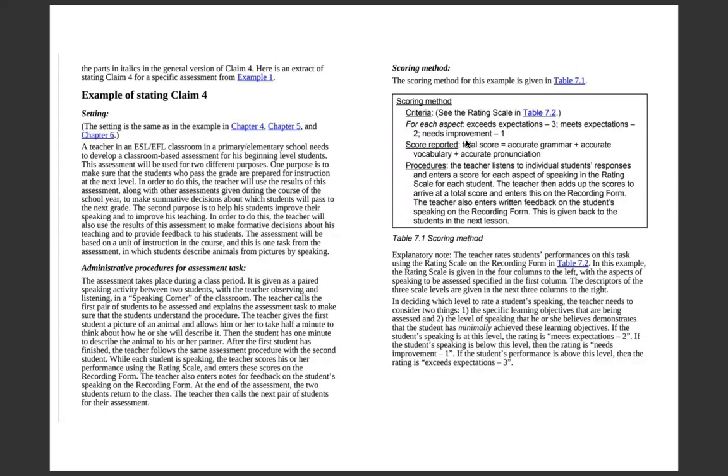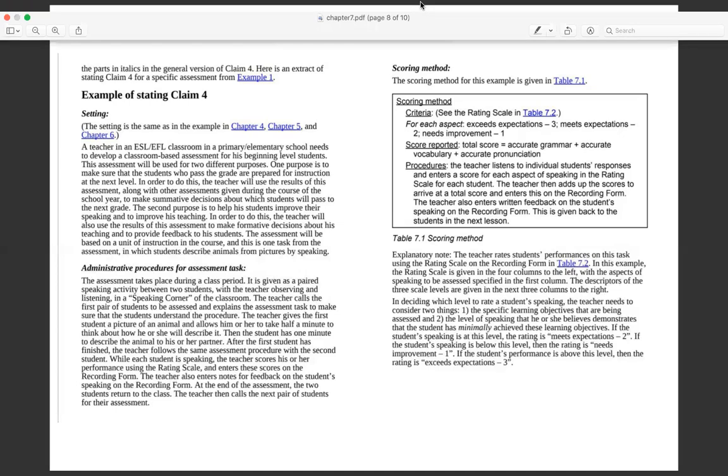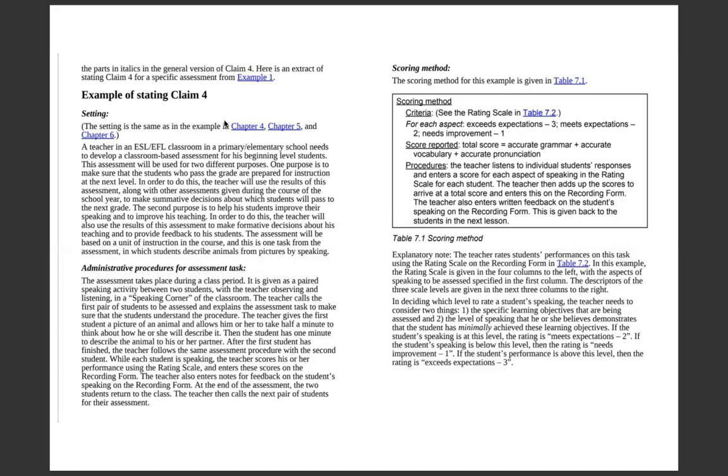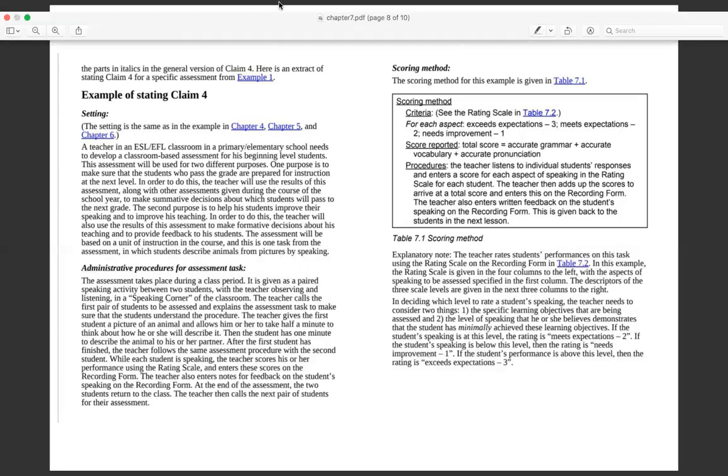And of course, to decide this, the teacher will need a lot of assessments that he has collected throughout the school year. And the second purpose is to help the students improve their speaking and to improve his teaching.